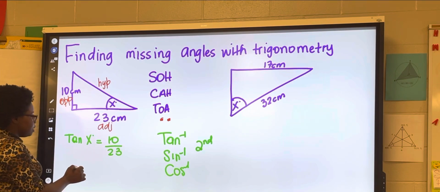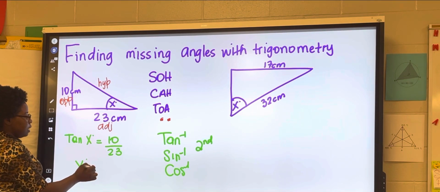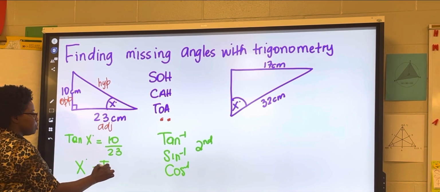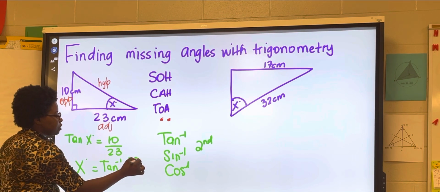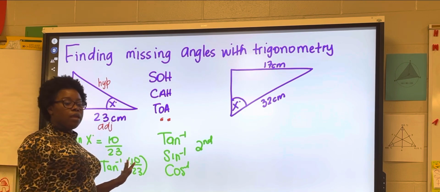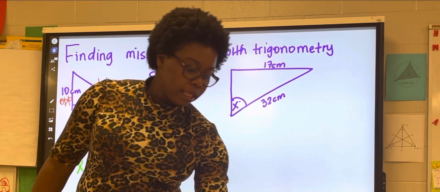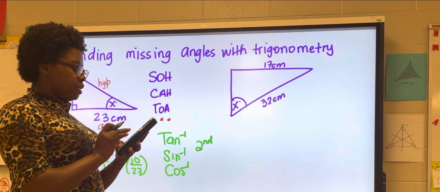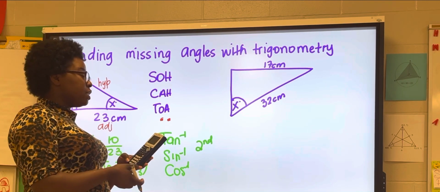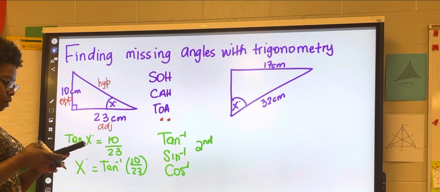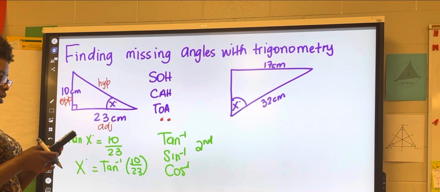So to find the angle, let us say the angle is equal to tan inverse of 10 over 23. From here, you put it in your calculator. We press the second function, then the ratio, tan, and the 10 over 23.